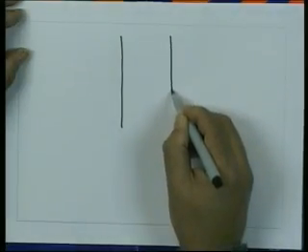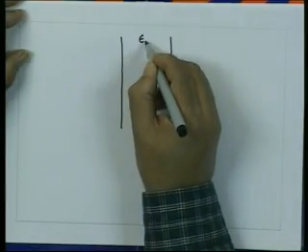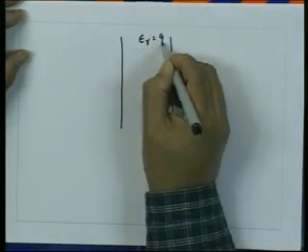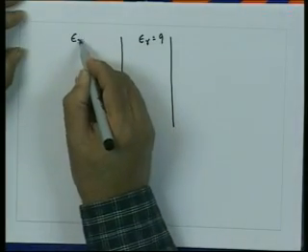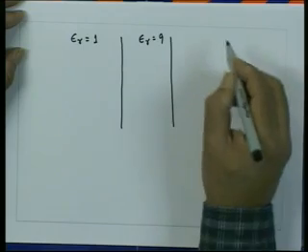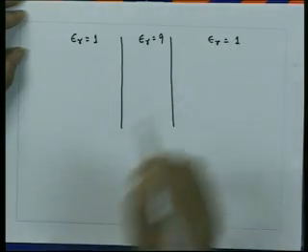a sheet which is like that, whose dielectric constant epsilon r is equal to 9. On this side you have dielectric constant epsilon r equal to 1, and on this side also you have epsilon r equal to 1.